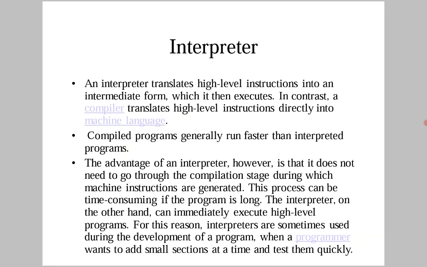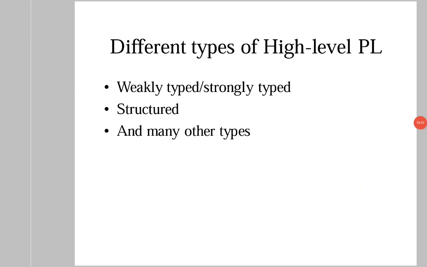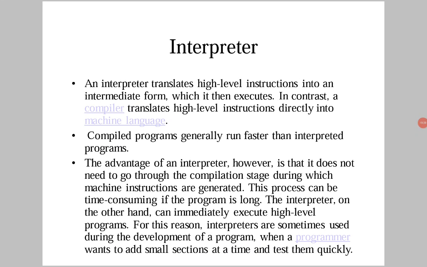Now, what is an interpreter and what are translators? There are basically two types of translators available. What is a translator? A translator is an application program used to translate a program written in a high level language into the corresponding machine language, the corresponding object code.